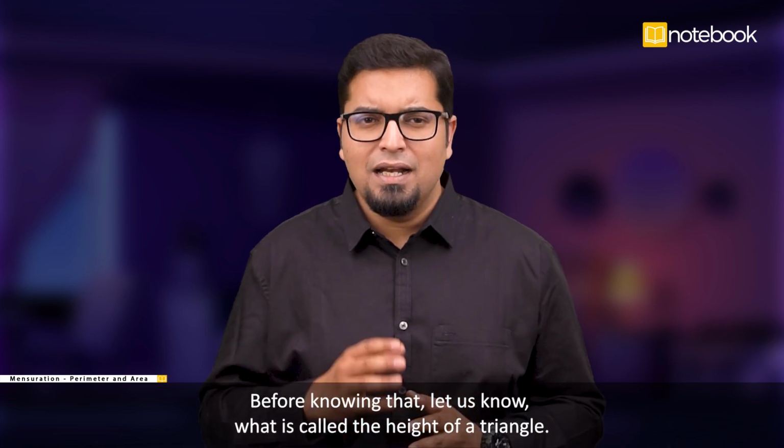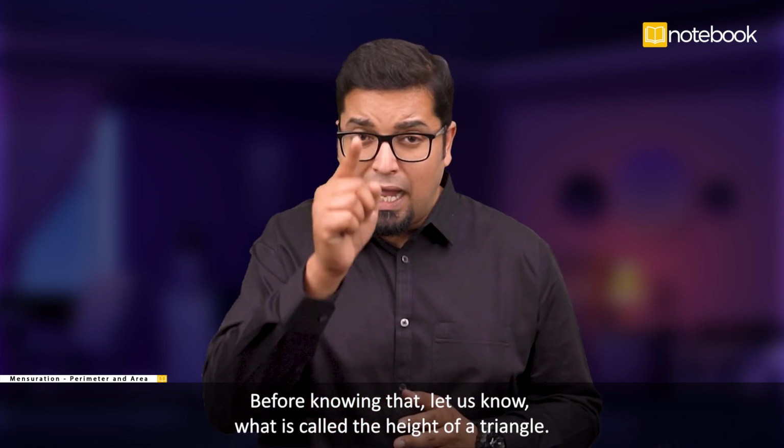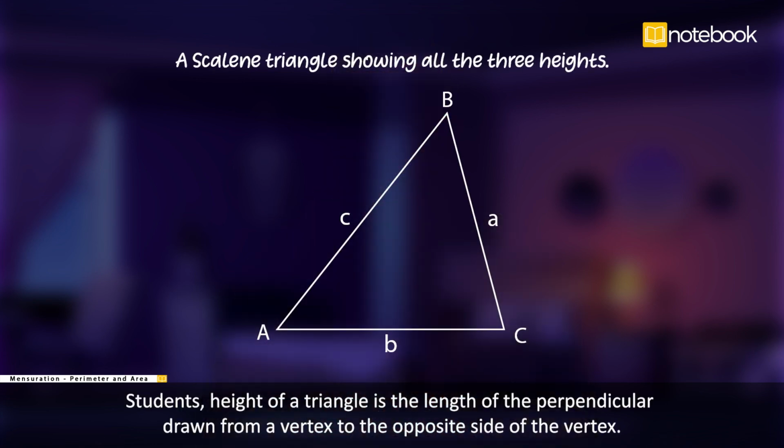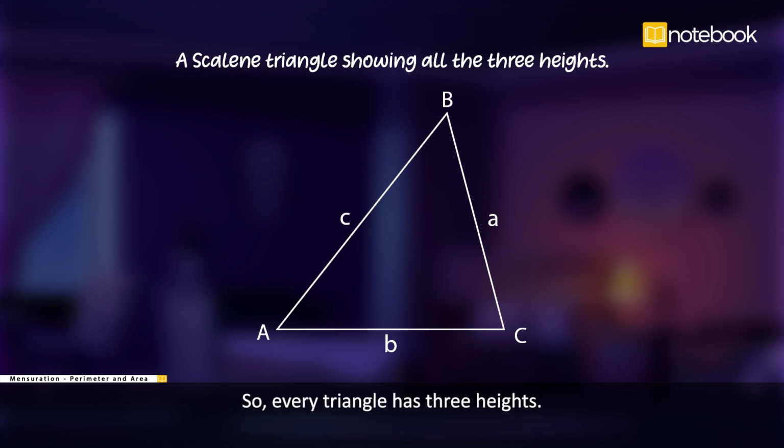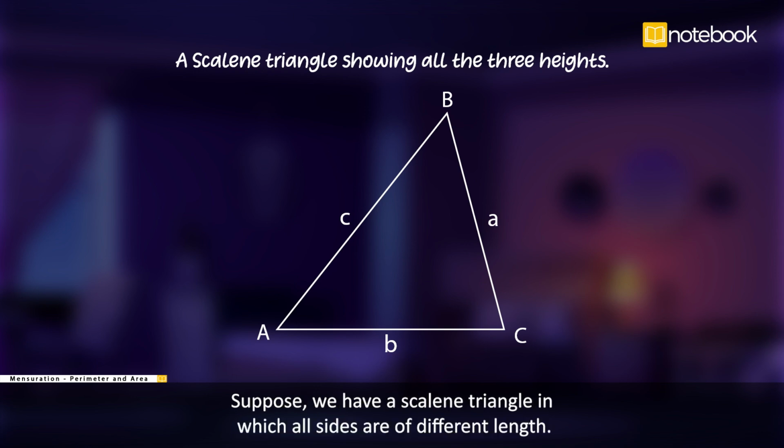Before knowing that, let us know what is called the height of a triangle. Students, height of a triangle is the length of the perpendicular drawn from a vertex to the opposite side of the vertex. And the perpendicular can be drawn from each of the three vertices. So, every triangle has three heights. Suppose we have a scalene triangle in which all sides are of different length.